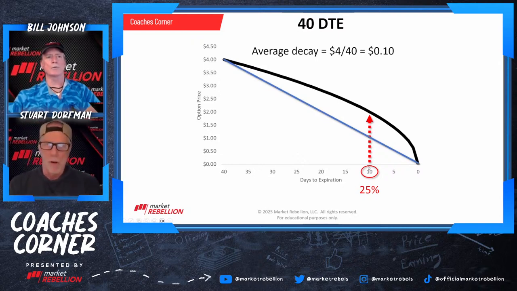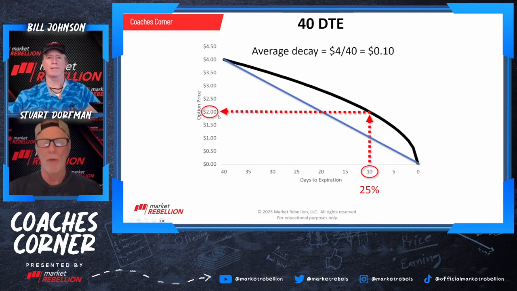So let's look at this 25% mark. And because of the square root pricing relationship, what do you suppose happens to our option's price? Well, it's going to go from 4, and look at that, gets cut exactly in half, which makes sense. We said that 50% decayed in the first 75% of the time, and then the second 50% in the second half.